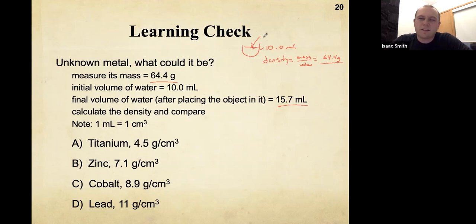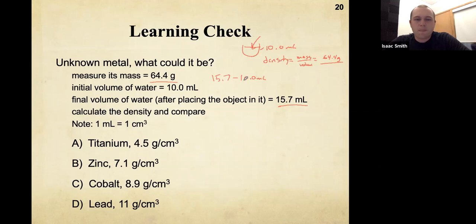This is known as the water displacement method. If you put the object in the water, the water level rises by the amount of volume that the sample took up. So if you take 15.7 and subtract 10.0 milliliters, that's going to give you the volume of your metal sample. Go ahead, at this point, try pausing the video and solve this problem.